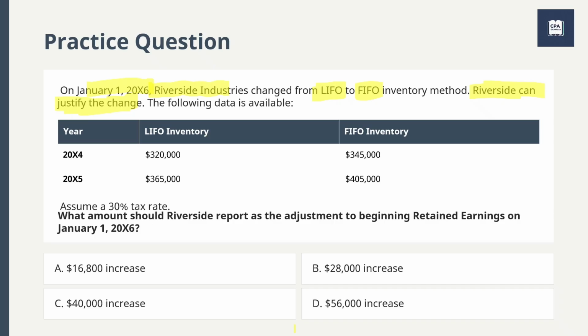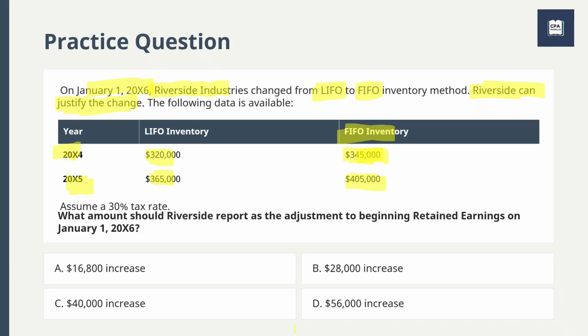And we have the following data available. In the old method, LIFO, they give us the numbers 320, 365, so the change is maybe 45. And for the new method, they did the time travel accounting. They calculated the previous years, 345, 405, and then what it would be.